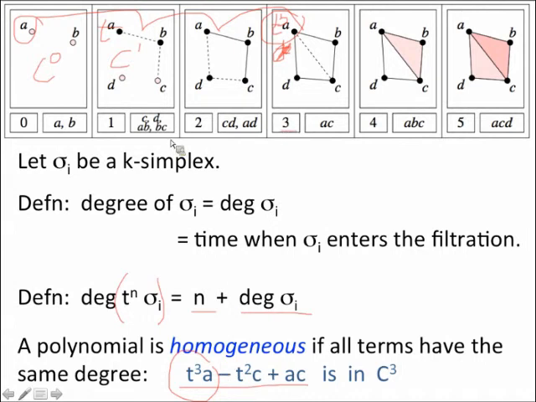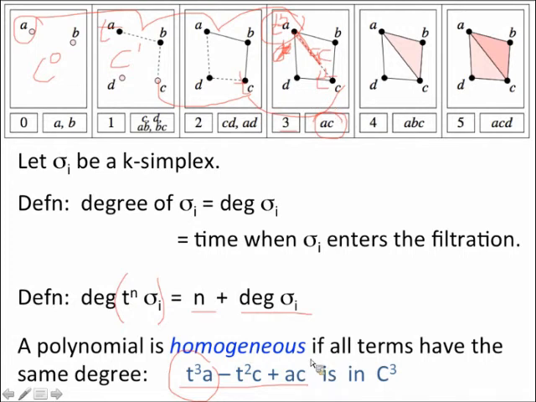T squared C, so C came in at time 1. If I move it over 1, then I would have my tC. If I move it over 2, then I've got my t squared C. And my AC entered in at time 3, and so this would just be the edge AC with nothing in front of it.